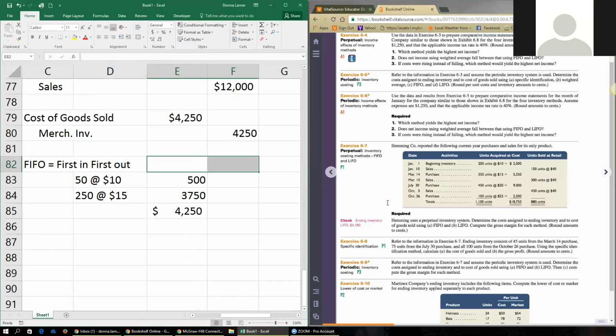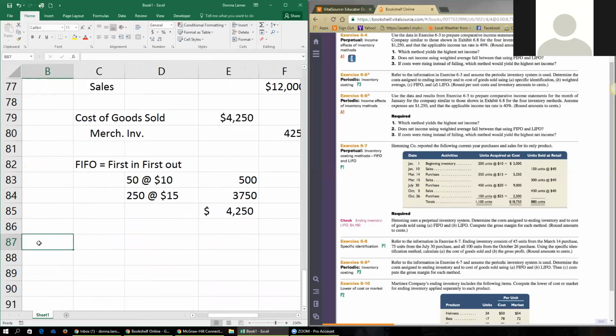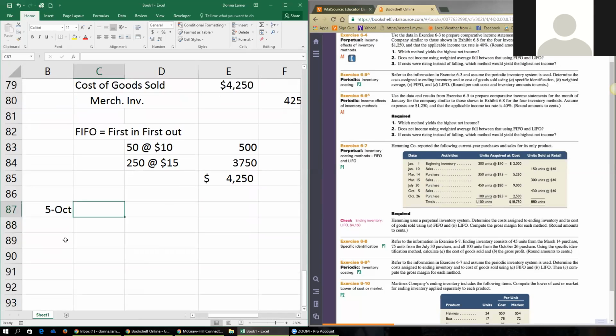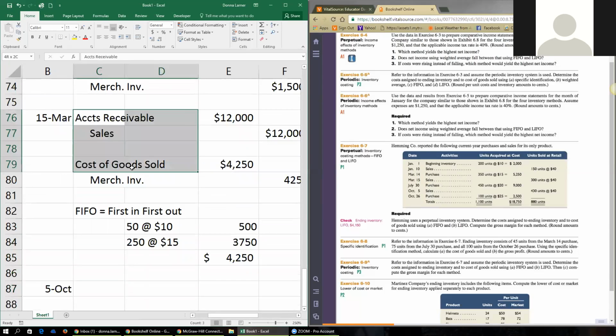If we keep going with that and we go down and do the October 5th sale, we would do the accounts receivable and sales again.